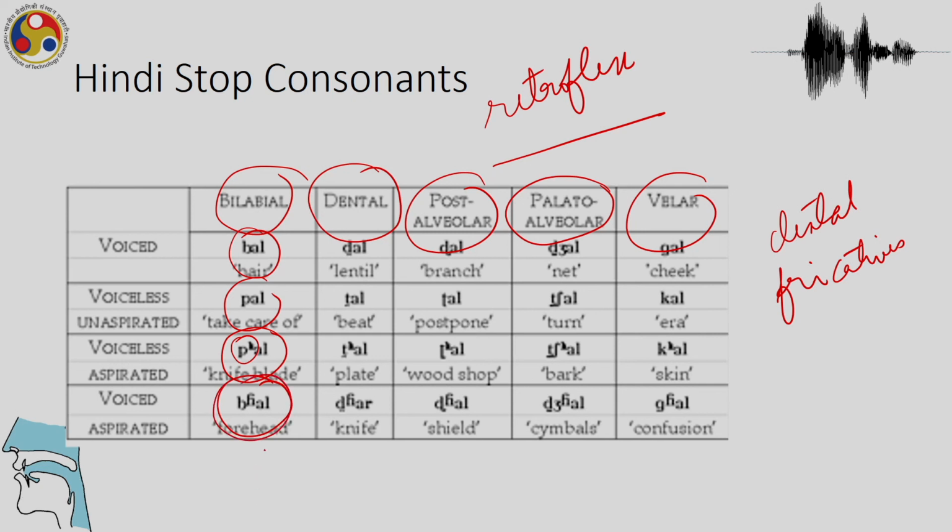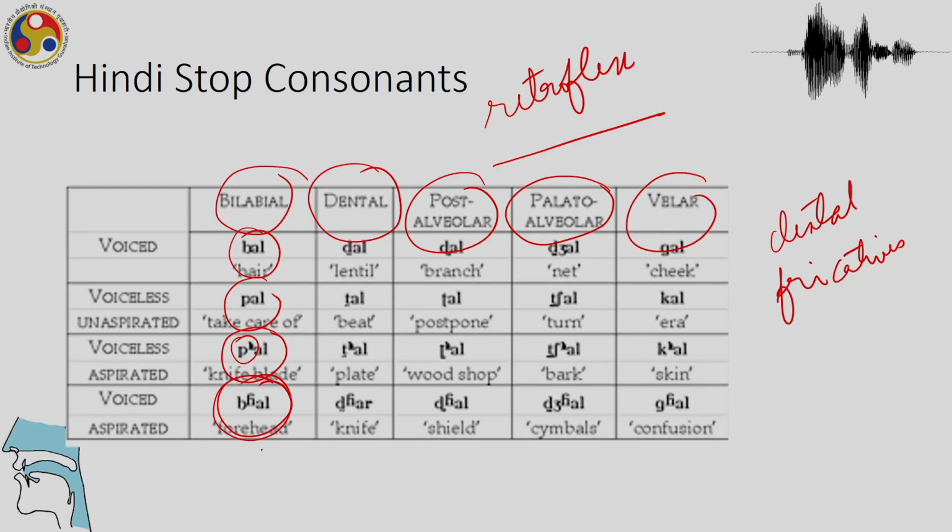In their production the vocal folds are vibrating, and not just that, there is a breathiness in the phonation, in the state of the larynx. So we have voiced aspirate, voiceless aspirated, voiceless unaspirated, and voiced. This is also seen in the dental place of articulation: you have the voiced, the voiceless, the voiceless aspirated, and the voiced aspirate.